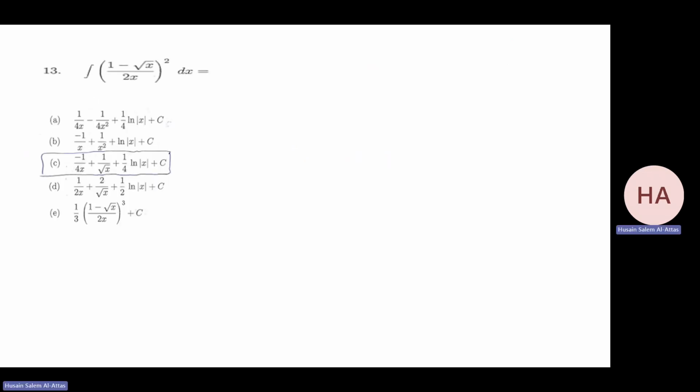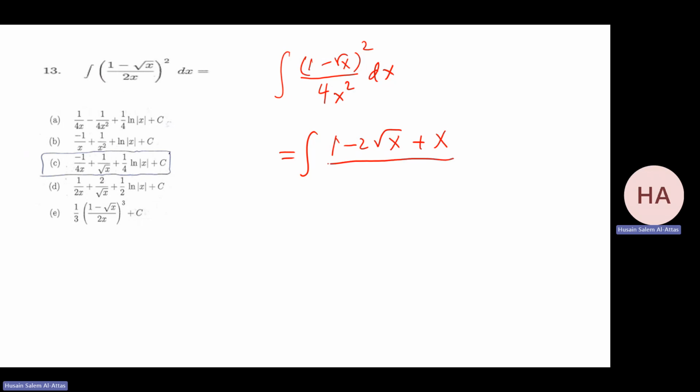Same thing, I need to open the square. That will be 1 minus square root of x all square over 4x squared dx. That will be what? 1 minus 2 square root of x plus x, which is square root of x squared, over 4x squared dx.